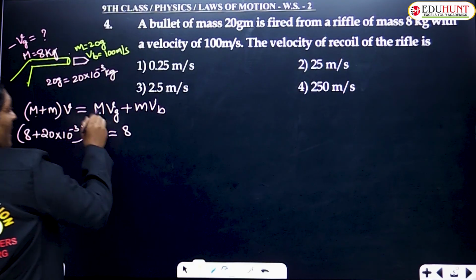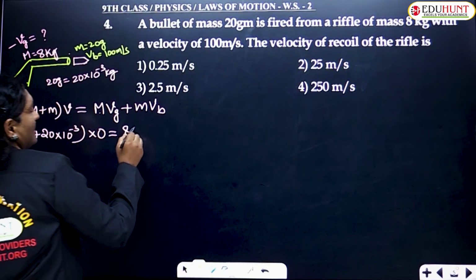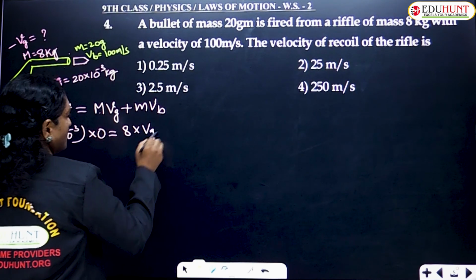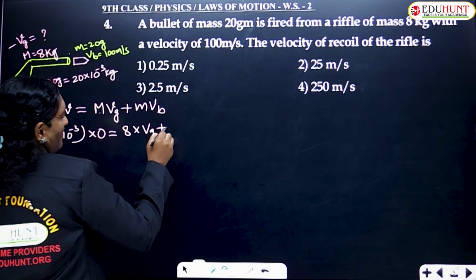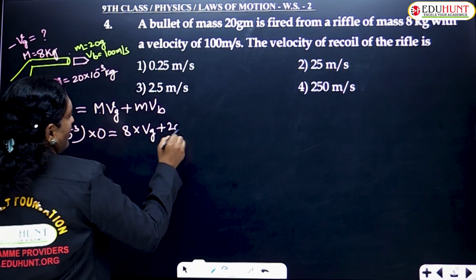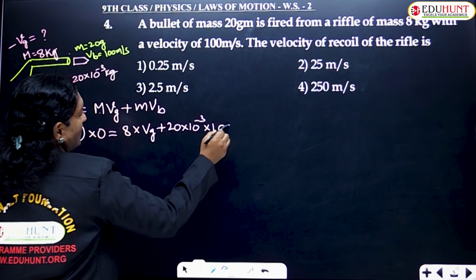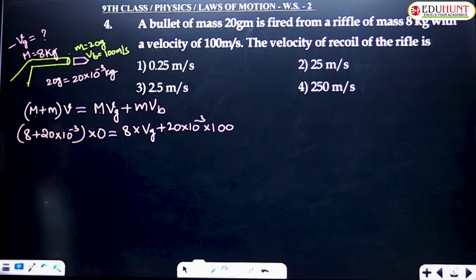Again, M, the mass of the gun, is 8 kg, into the speed of the gun, which we need to find out, plus the mass of the bullet, 20 into 10 power minus 3, and the speed of the bullet is given as 100 meter per second.